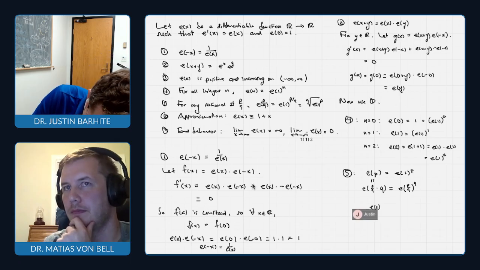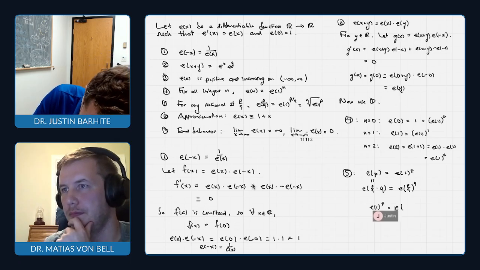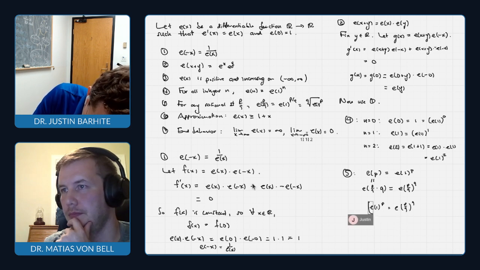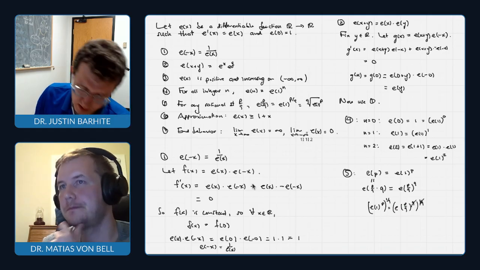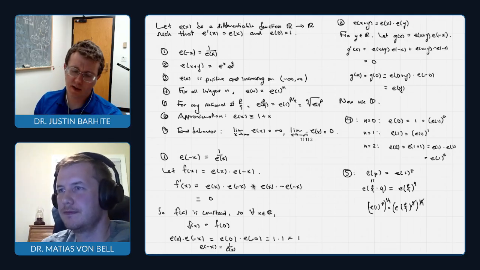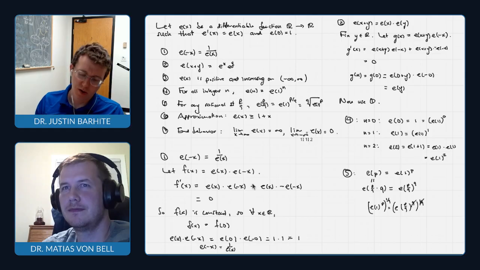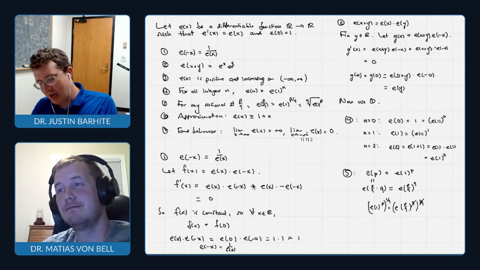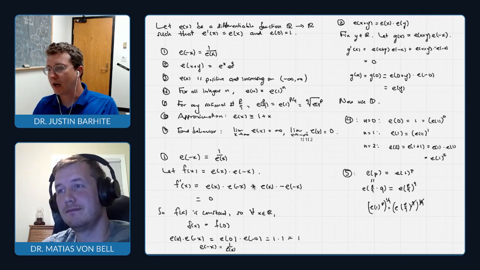But now if e of 1 to the p equals e of p over q to the q, I just take the 1 over qth power of both sides. And that's what I wanted to show. Nice. I haven't told you what e of 1 is, but once you know that, you know what this function does at every rational number.